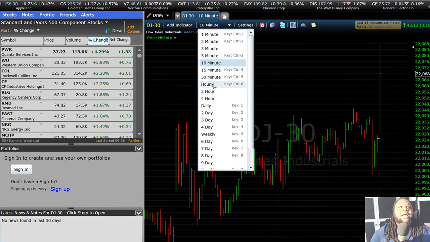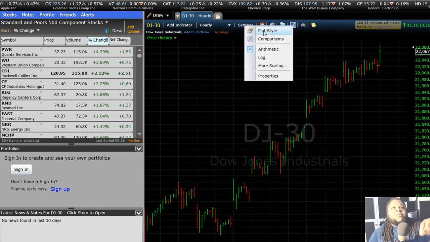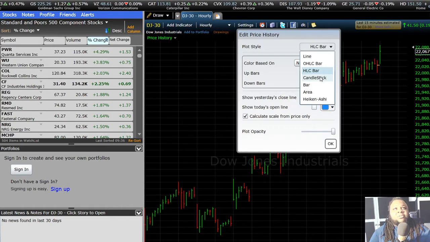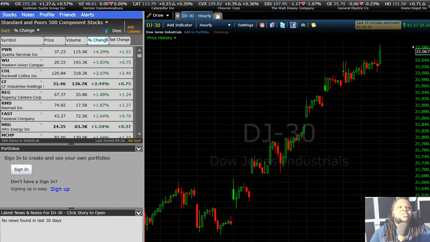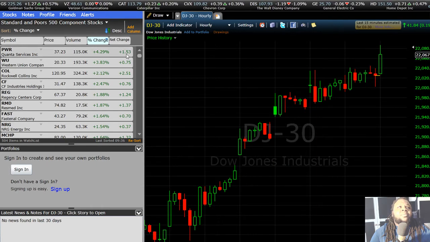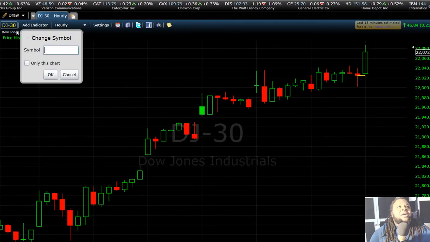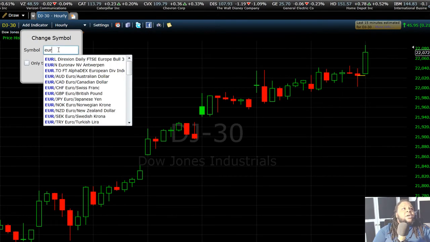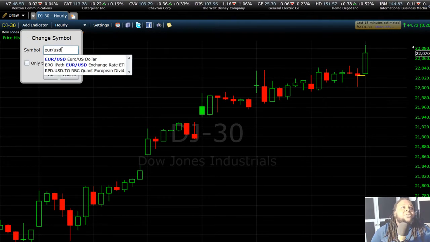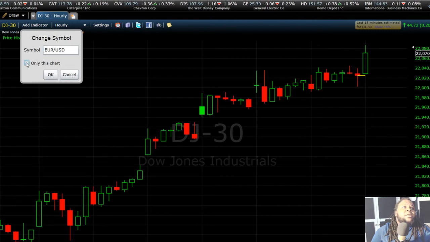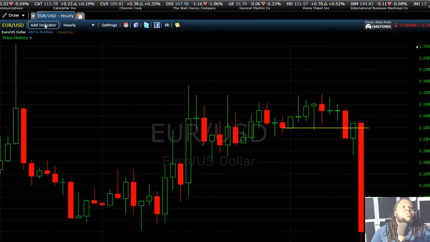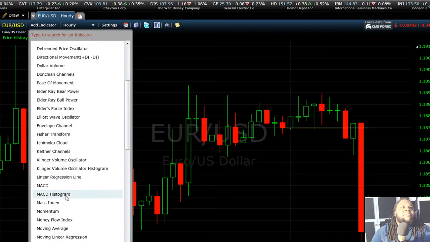So like I said, we had it on hourly time frames, and of course it was on candlesticks. That's what you want to use. And this is actually a strategy. So this is not just an indicator trainer, but it's a strategy in itself. So let's say you take the Euro USD, bam, and what you want to add is MACD histogram.